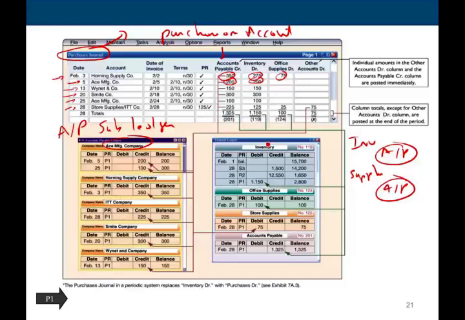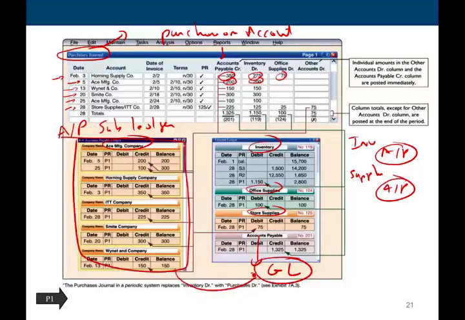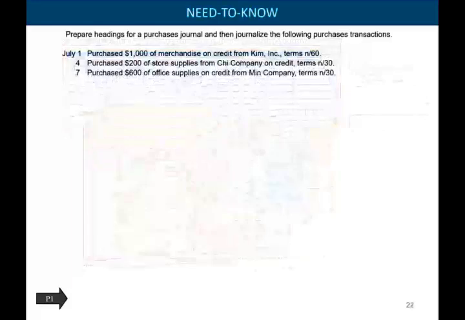Okay, now also we will update the inventory account, the office supplies, the store supplies, and we update the overall accounts payable. So this is the general ledger accounts payable. If you add all the subledgers of the accounts payable, they will add up to the general ledger accounts payable. Okay, so this is the purchases journal.